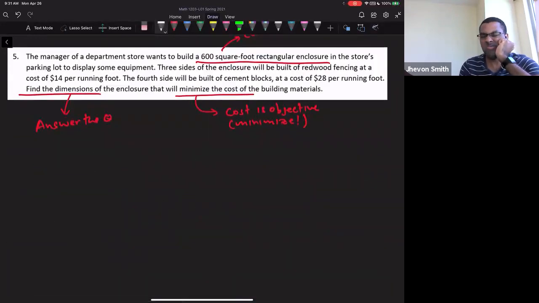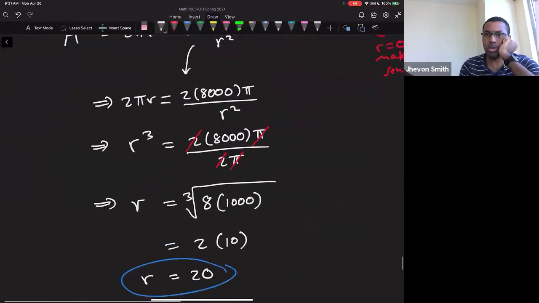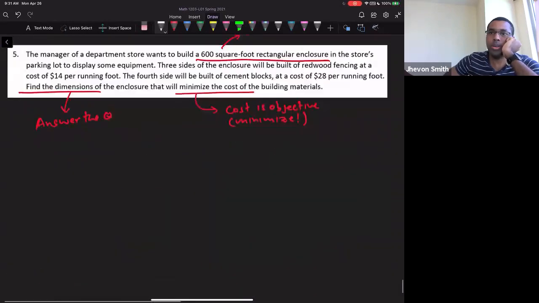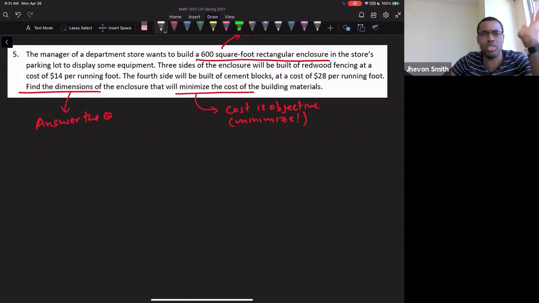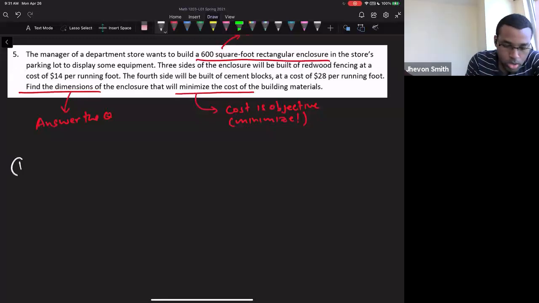On a final, it might be something like this. Or even some of the others would be good enough for a final, to be honest. It's more important that you know how to deal with this problem type than for me to give you some super crazy problem to set up some random function. That's not going to be the goal. The goal is, do you know how to set something up and use derivatives to get the best possible solution? Okay, so we go to 1, read.